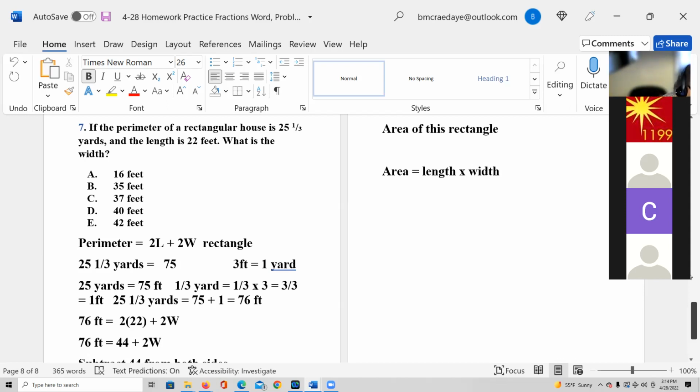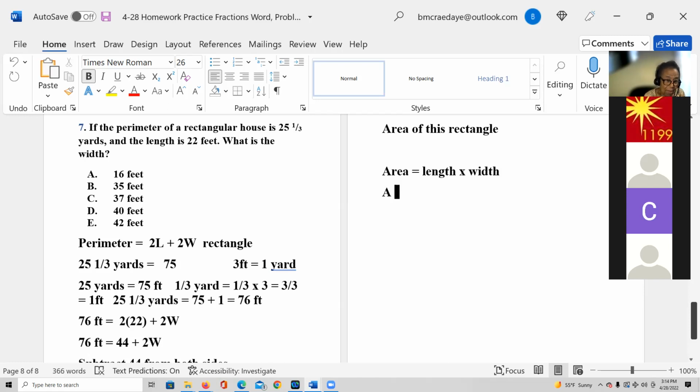So what would be the area, Mercedes? You know the length, you know the width. We're talking about the same rectangle.